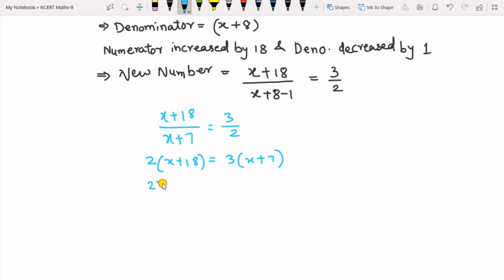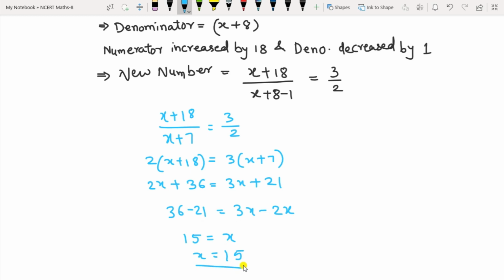So then multiply 2 inside the bracket. 2x plus 2 18s are 36 equal to 3x plus 7 3s is 21. Now bring the like terms together. So 36 minus 21 equal to 3x minus 2x. Now subtract, this one is 15 equal to x, or x equal to 15.